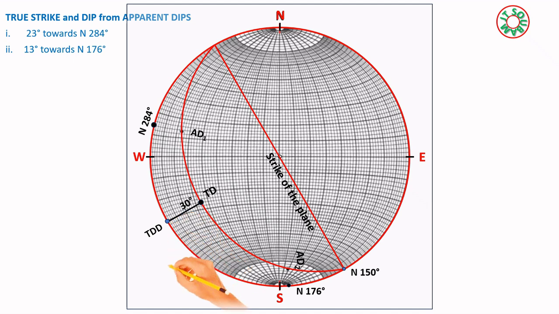The measured value is 240 degrees. So, the final solution is: the plane strikes north 150 degrees, dips at an angle of 30 degrees in the direction north 240 degrees.